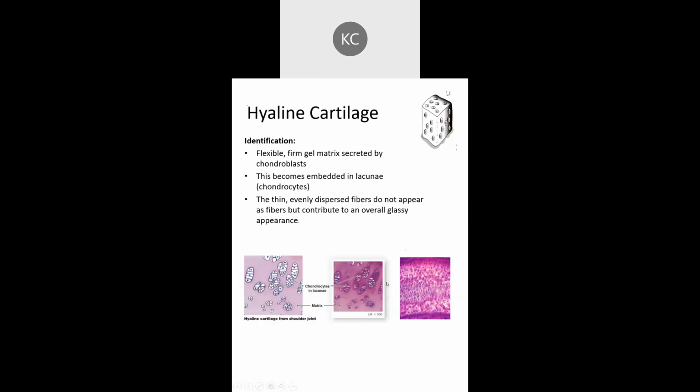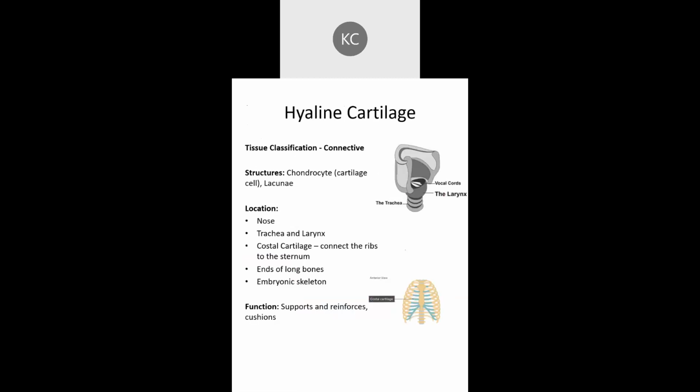So we find hyaline cartilage throughout the body. The tip of your nose, right? If you touch that point of your nose, right next to your nostrils, this is not bone, but it's cartilage. So you can move this around relatively easily. If you go down and you feel your trachea and your thyroid cartilage, this is all hyaline cartilage.